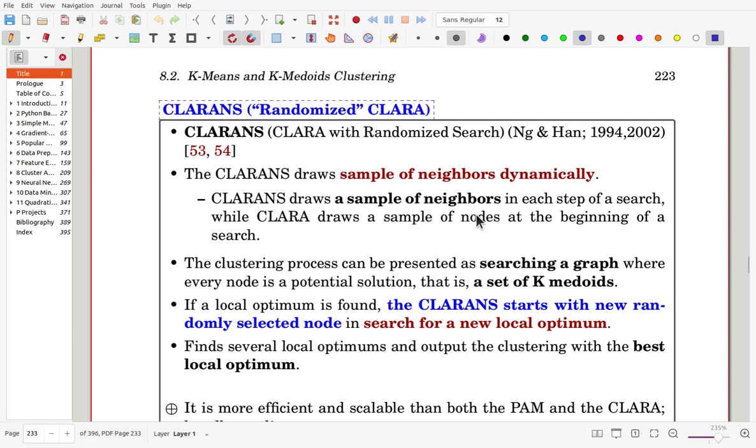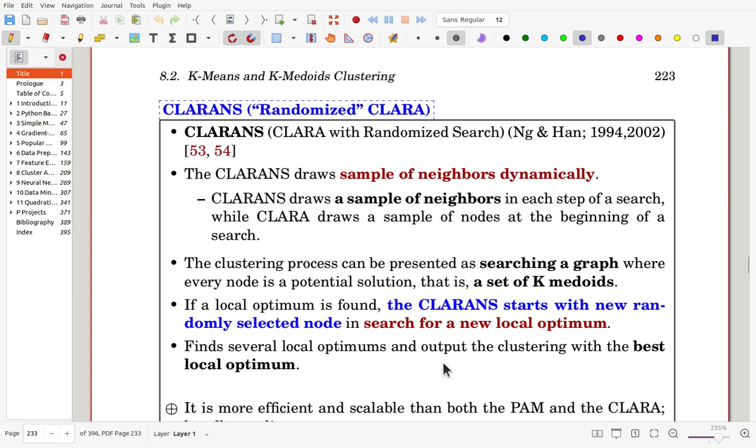So here, dynamically sampling, for searching a graph and finding a local minimum.